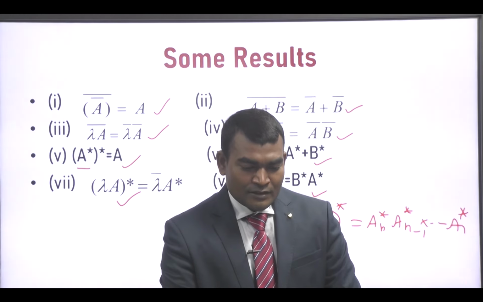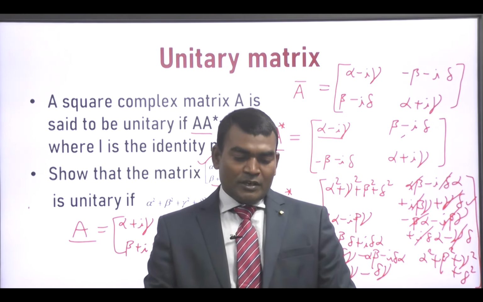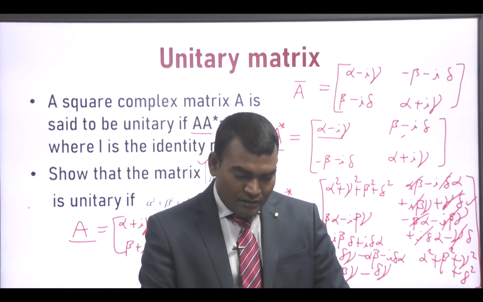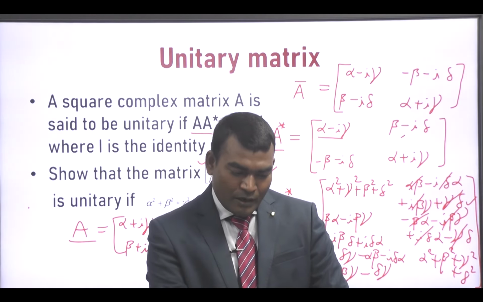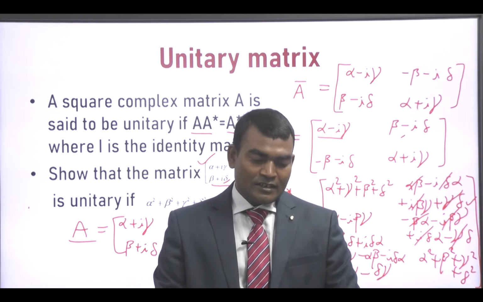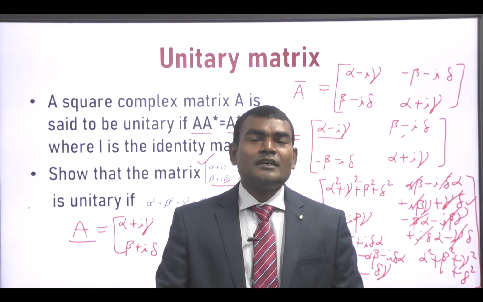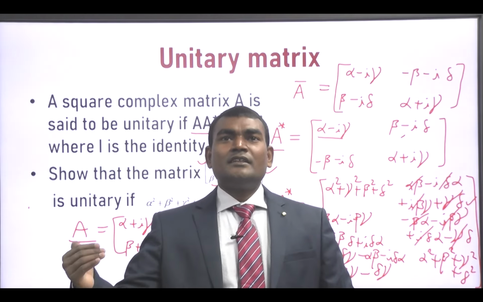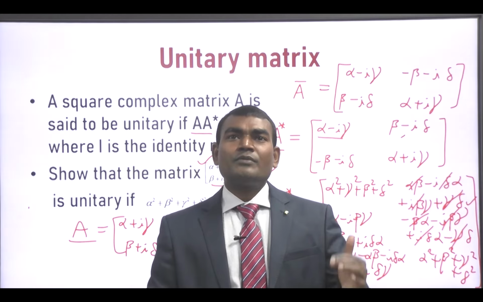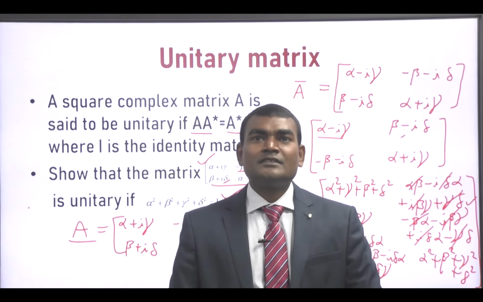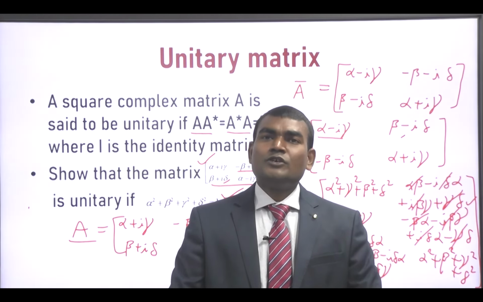And for the unitary matrix we showed an important result: a square complex matrix is unitary if alpha square plus beta square plus gamma square plus delta square is equal to 1. In this problem, to show that A is unitary, you have to take the transpose of the conjugate of A and then multiply by A. If this is the identity matrix, then you can say that A is a unitary matrix.